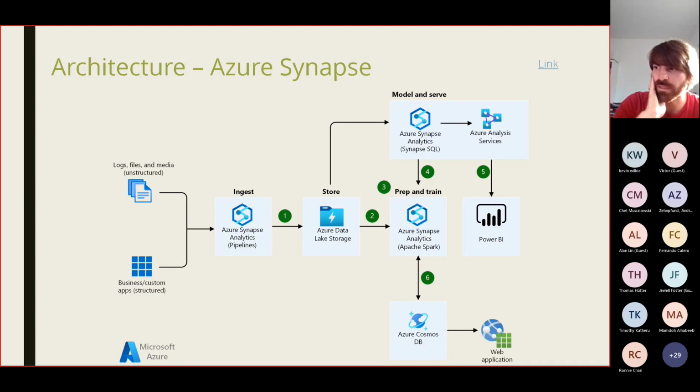So it makes the user management much easier if you only need to secure your data on, let's say, one level, and this one level is then your containers. So for example, you create a container for raw data, a container for refined data, and a container for processed data.